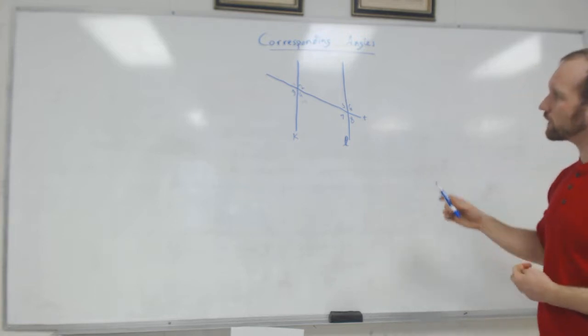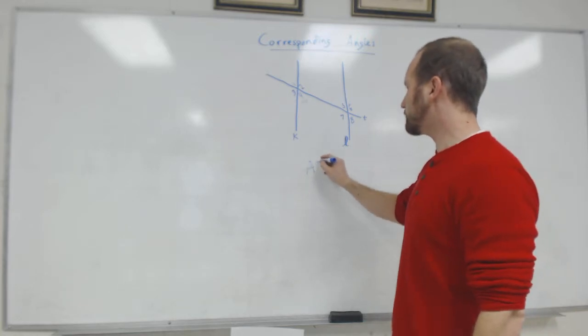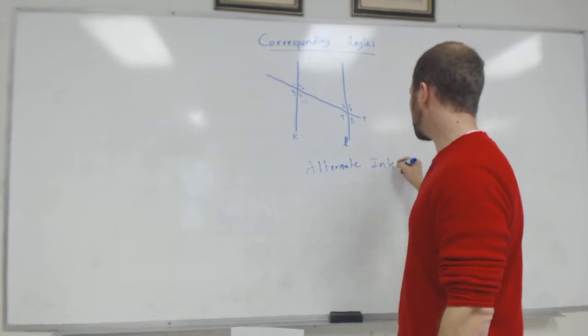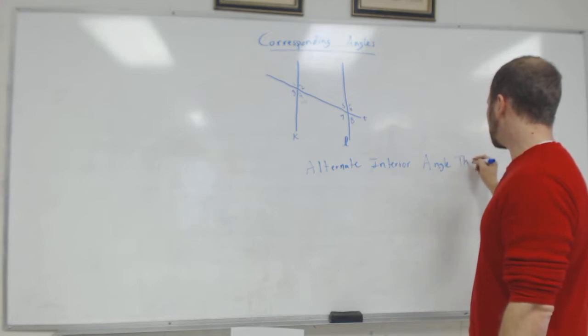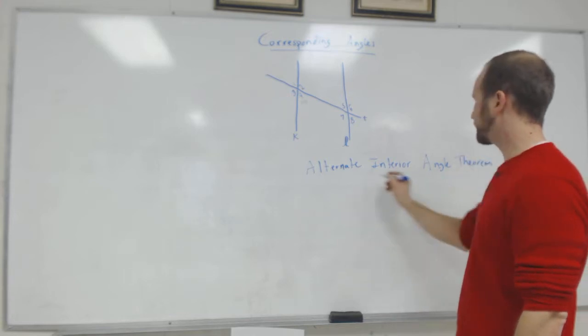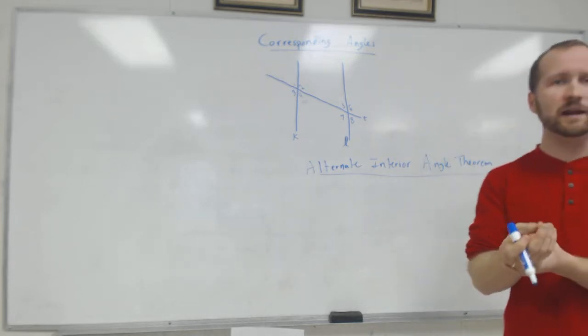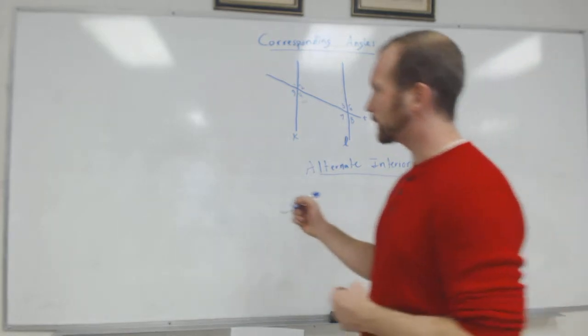So we're going to prove now something called the alternate interior angle theorem. We're going to do this using only things that we've proved up until now and definitions that I've given you, different things that we know. We're going to do a two-column proof.